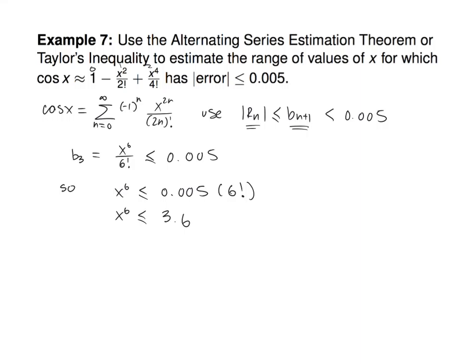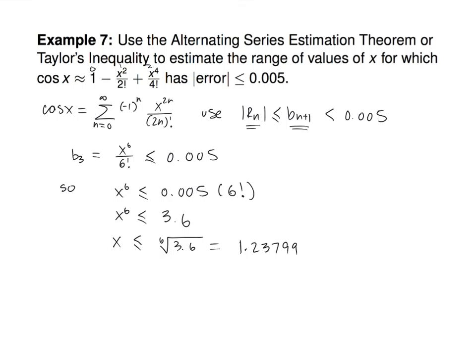And then how do you solve for x? 6th root it. So x is less than or equal to the 6th root of 3.6, which is 1.23799.